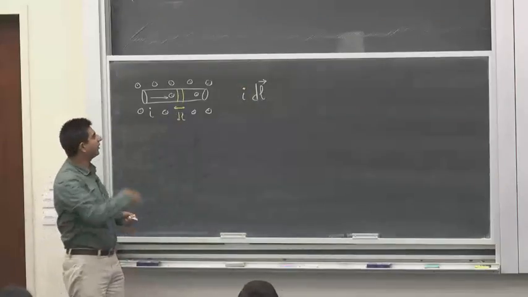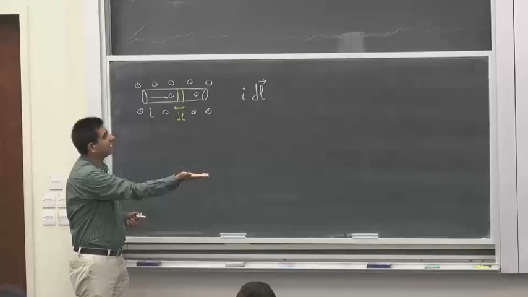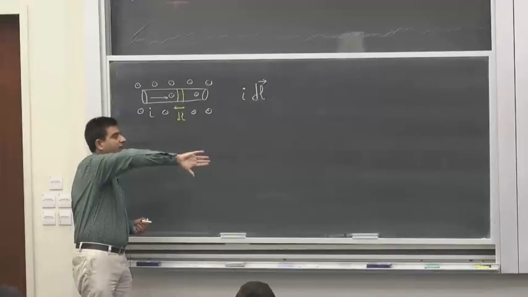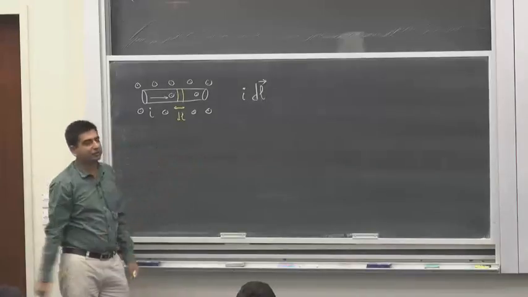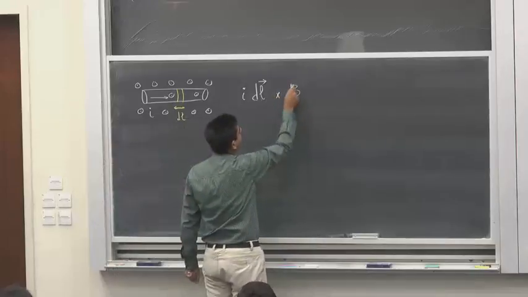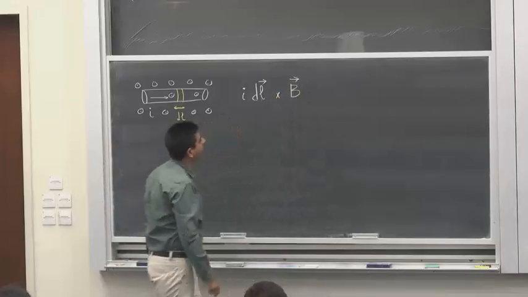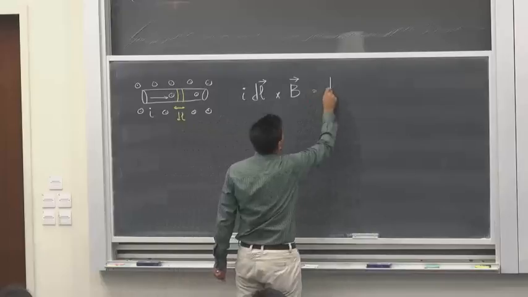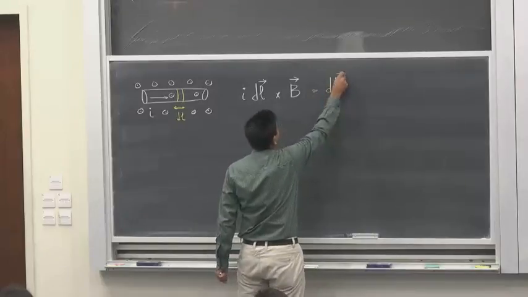So I dl points to the right and B points out, so my thumb then points in the direction of the force. So I dl crossed with the magnetic field B will give the differential force on the element that we've been talking about, dF.